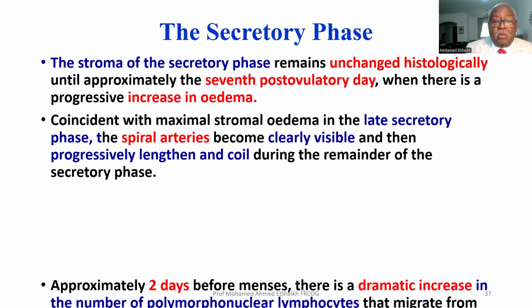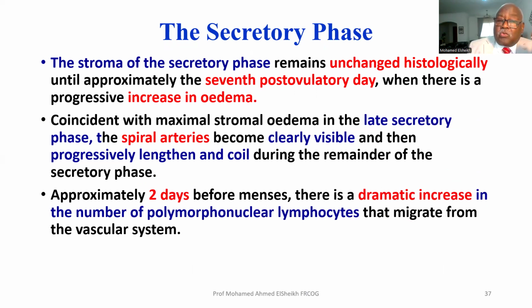So, what happens to the stroma in the secretory phase? The stroma remains unchanged histologically until approximately the 7th post-ovulatory day, when there is a progressive increase in edema. So for the first 7 days of the secretory phase, the stroma is unchanged.